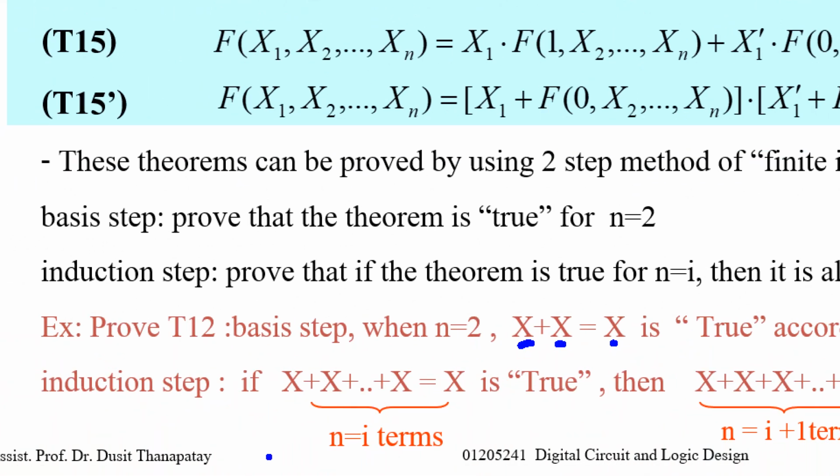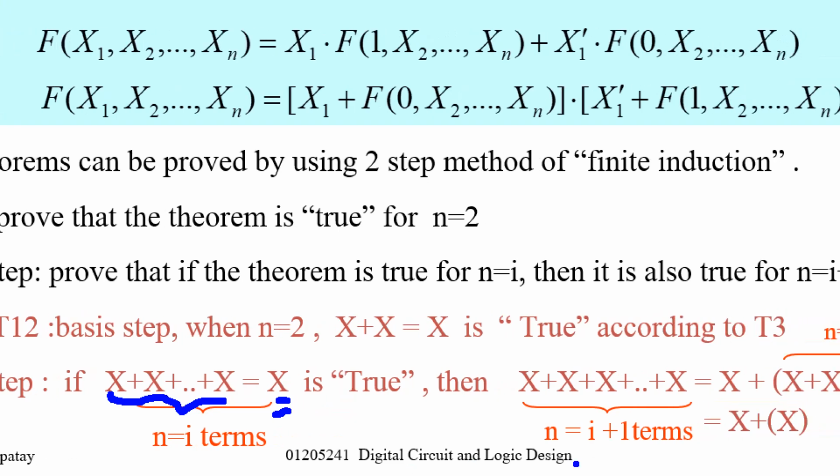And then I assume that in the case that there are i terms, namely x plus x plus x with i terms, that equals x is true. So I must show that x plus x plus x with i plus 1 terms equals x also. So how to prove this one?